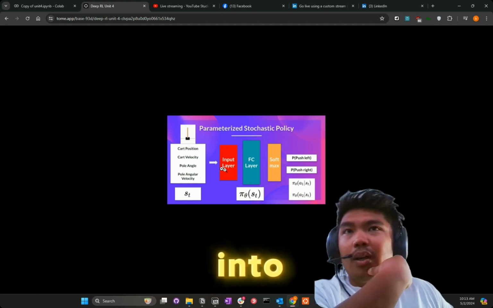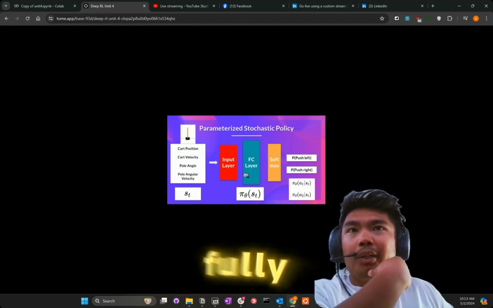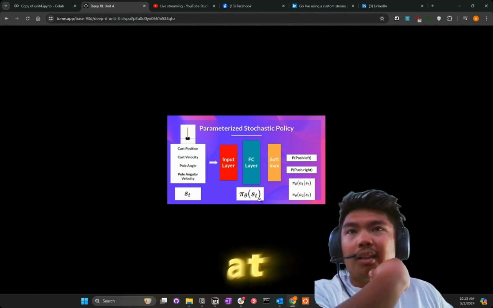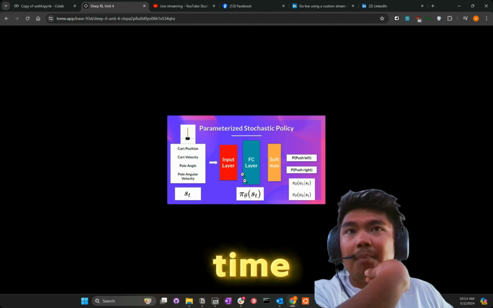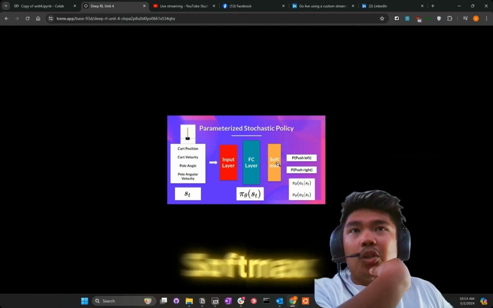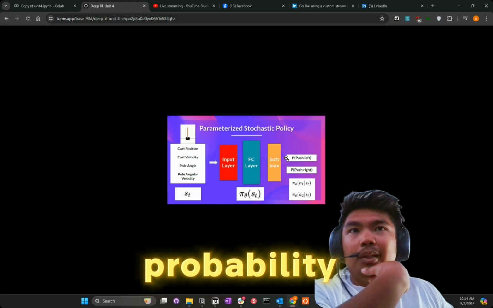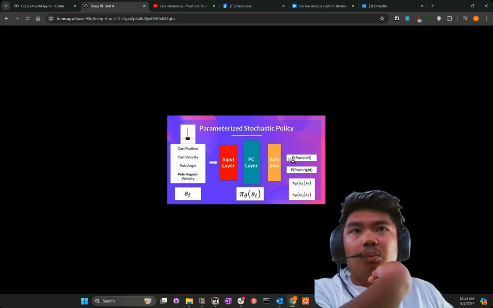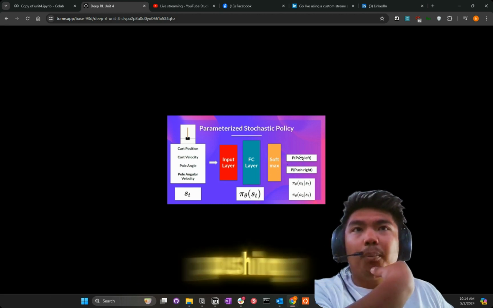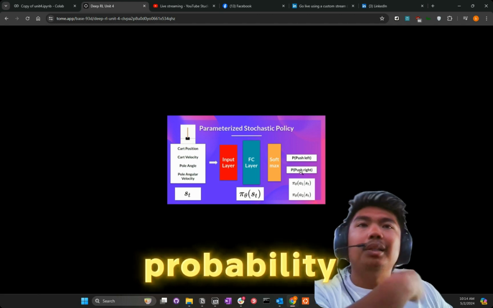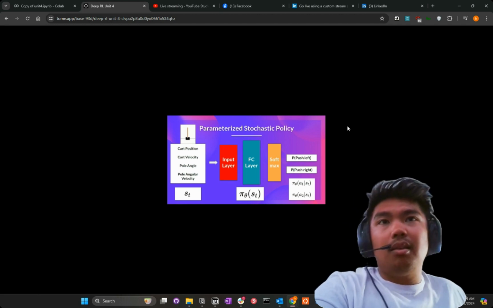It'll go into the input layer followed by a fully connected layer. So we have our policy with our parameters at that state at that time, and our softmax, and we have a certain probability for pushing left and a certain probability for pushing right.